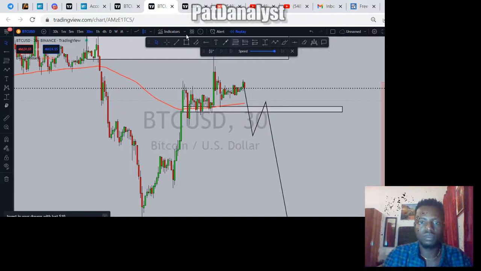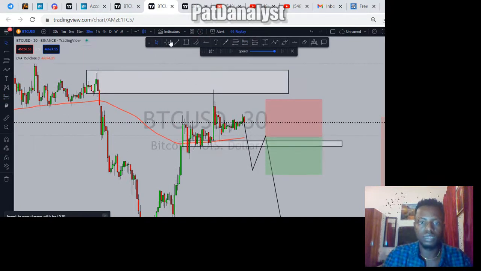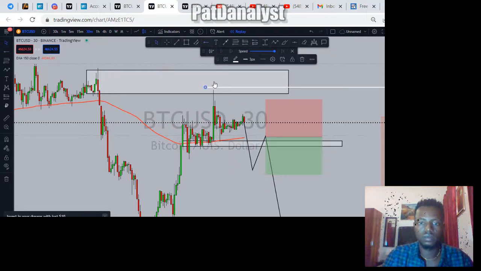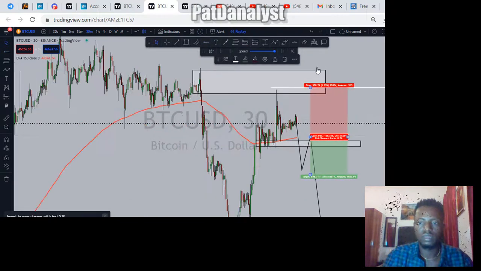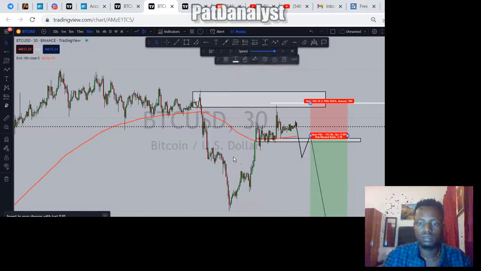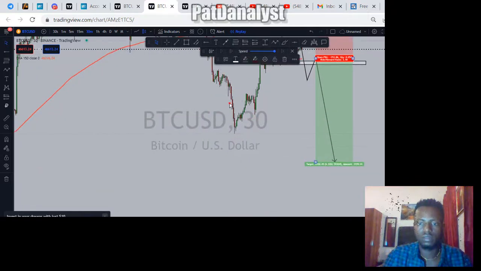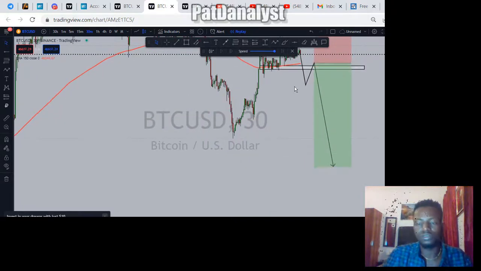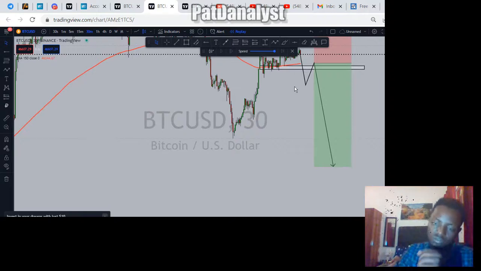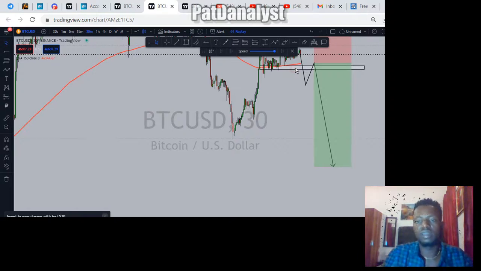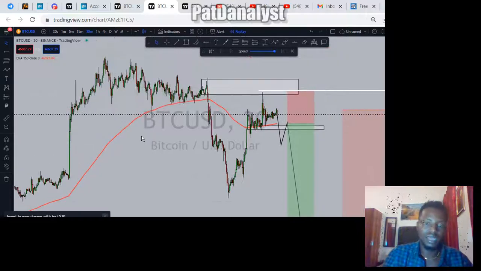So that's probably going to give you, if you sell from here with your stop loss above this wick, then target here, that's up to 1:3. And that is it.